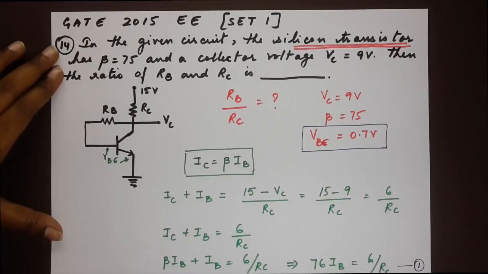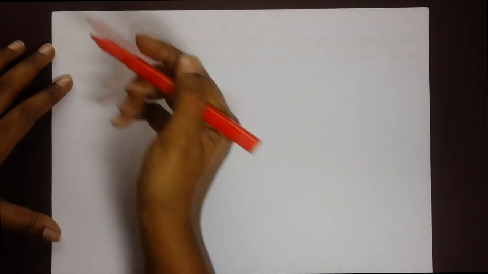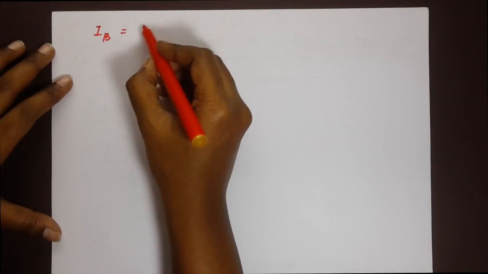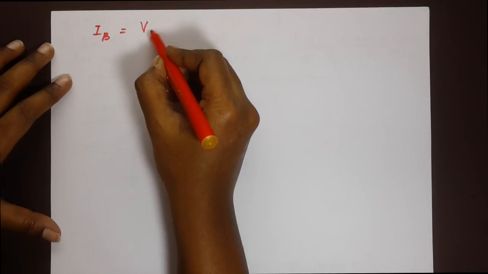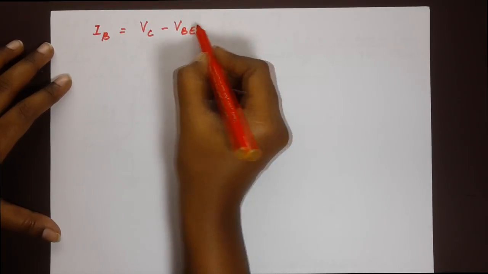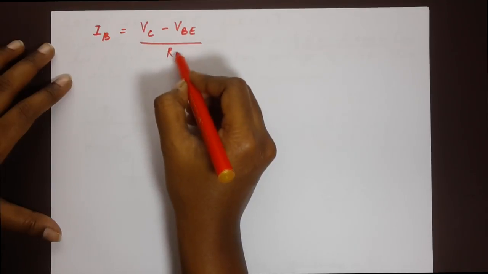Now the next expression, let's look at Ib, the current Ib. Now the current Ib can be written as Vc minus VBE divided by RB.